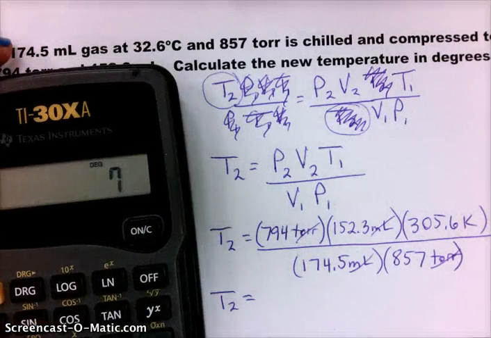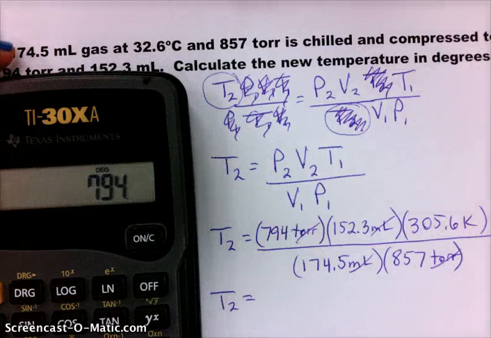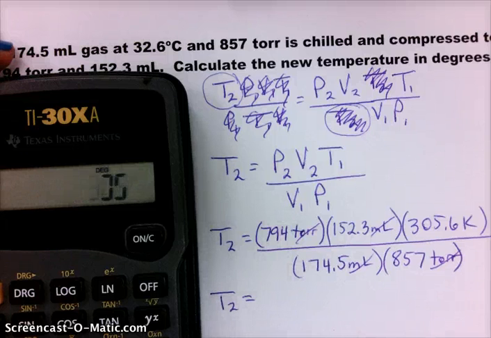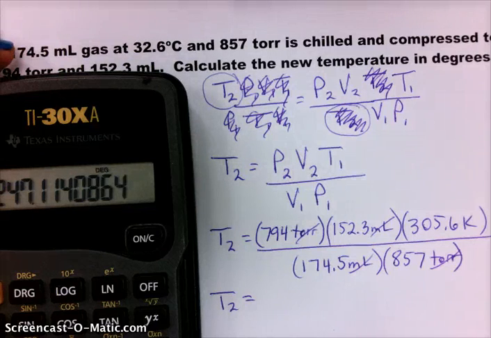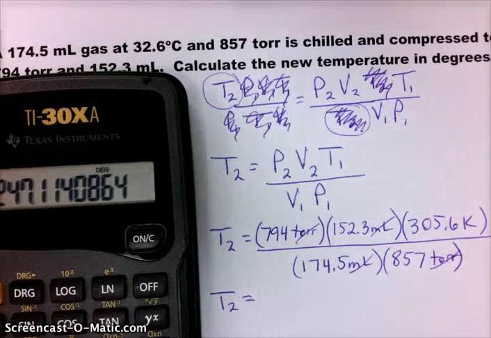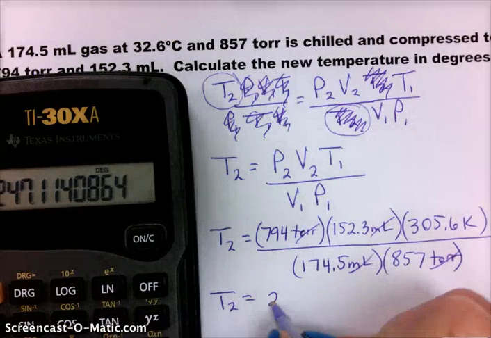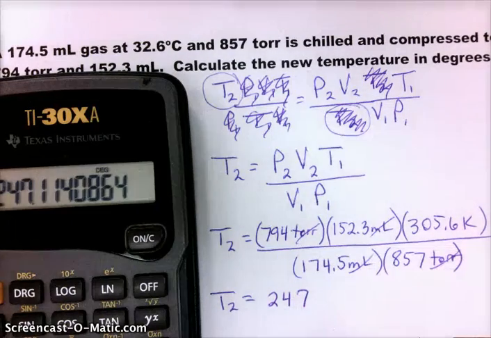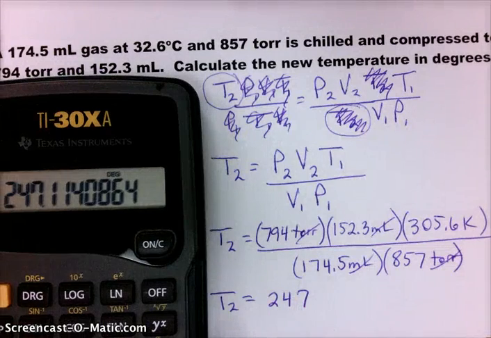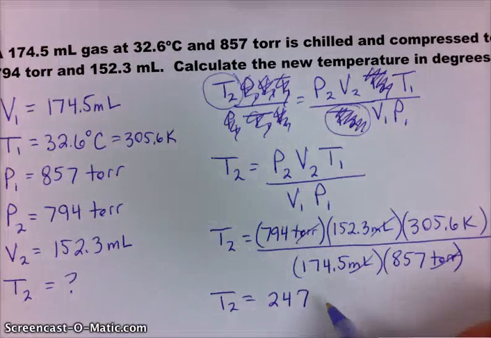I have 794 times 152.3 times 305.6 divided by 174.5 divided by 857, because it's in the denominator as well. And this equals a long number. Let's pay attention to sig figs. We have 3 as our lowest sig figs. So that's going to be 247 Kelvin.